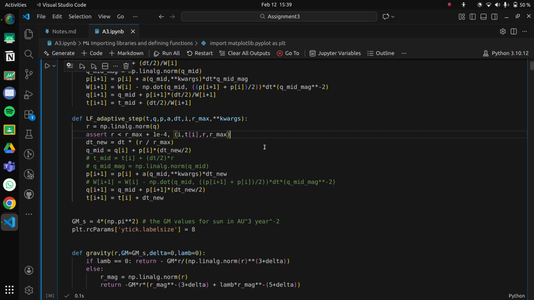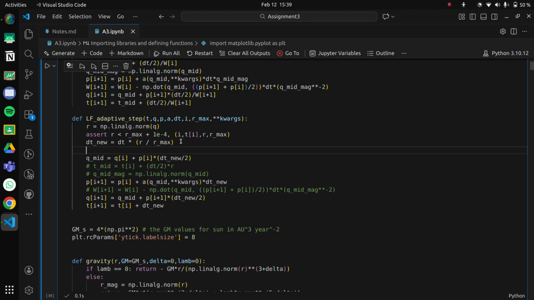Could it be that dt is something weird? Could it be that I've just put the arguments incorrectly? I'm just going to print it. I don't know, just assert.